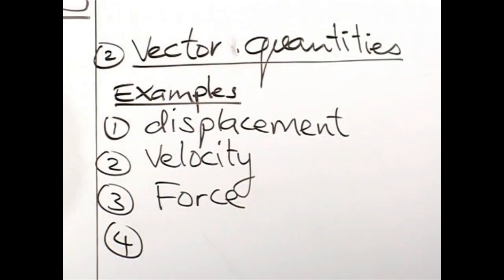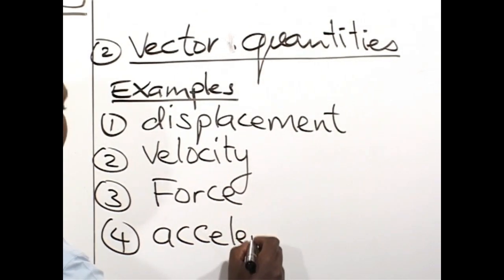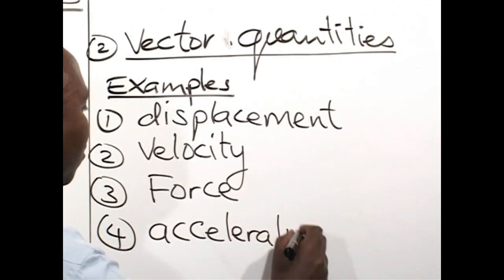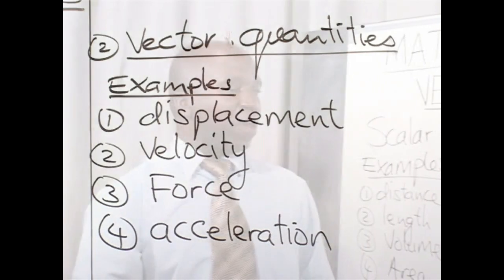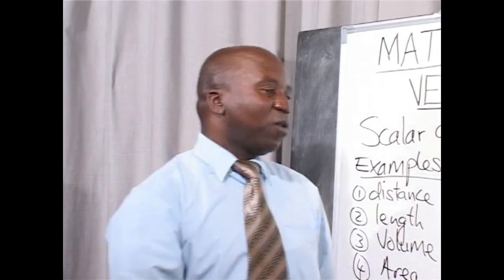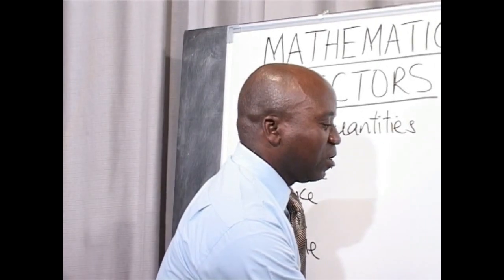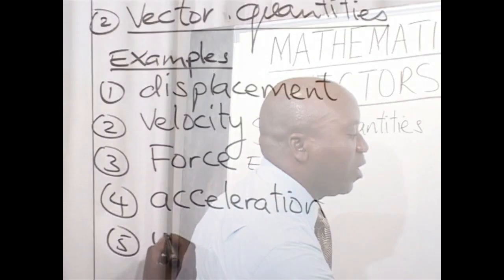The fourth one we can talk of is acceleration, which is the rate of change of velocity with time. So acceleration is also an example of a vector quantity.